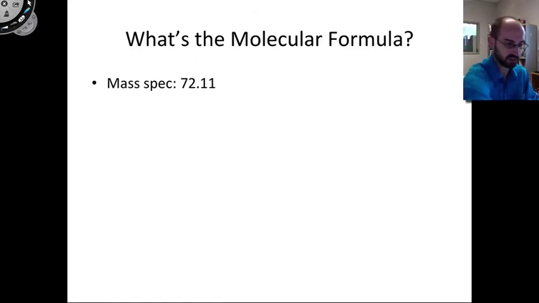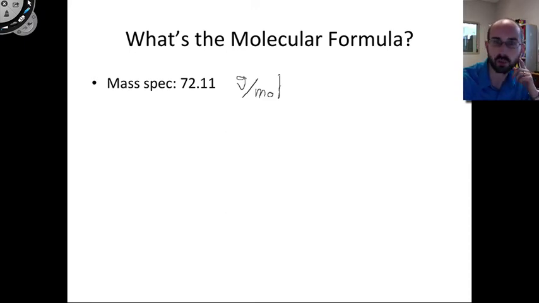I didn't put units on that, so let me do this here. We'll call that 72.11, and it's a molecular weight, so grams per mole. That's helpful. It's got to be reasonably small.